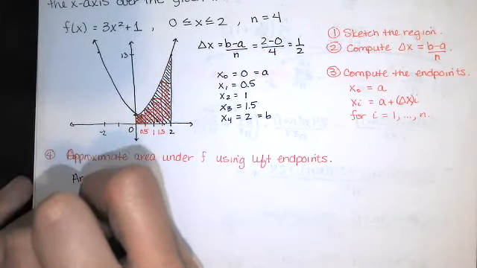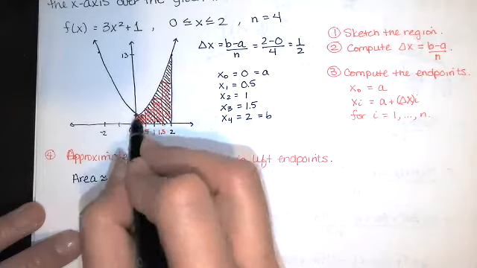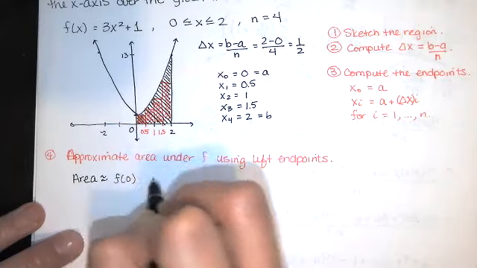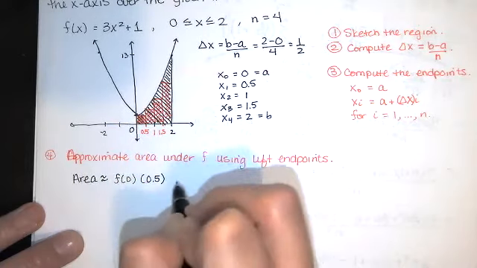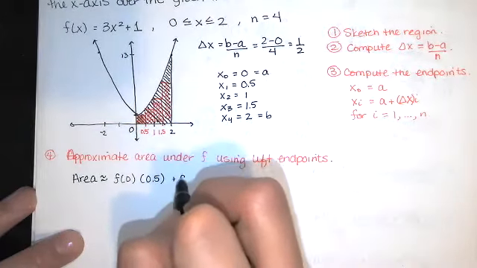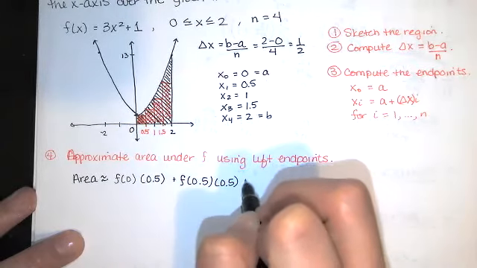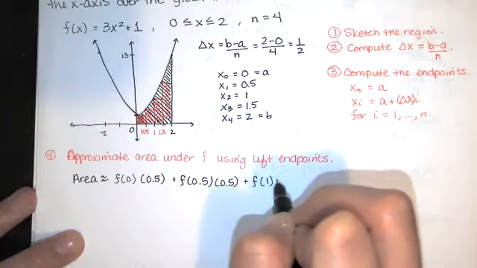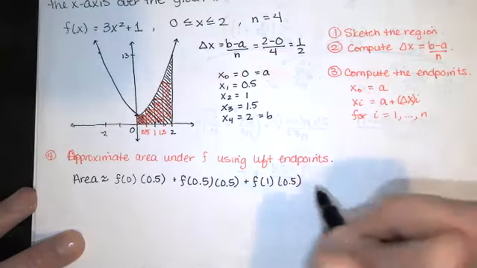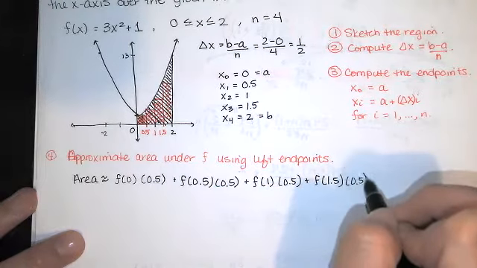That total area is approximately equal to this. That's f of 0 multiplied by 0.5. So that's the width of that subinterval. It's just length times width, plus f of 0.5 multiplied by 0.5, plus f of 1 multiplied by 0.5, plus f of 1.5 multiplied by 0.5.